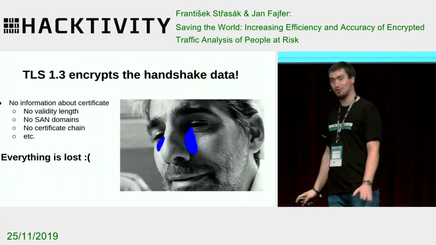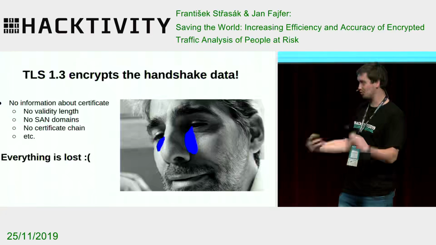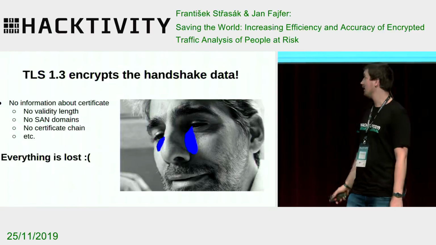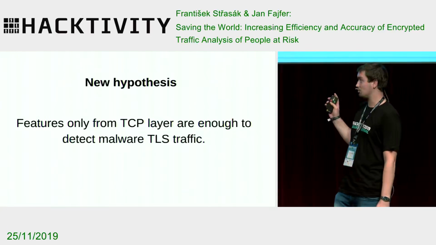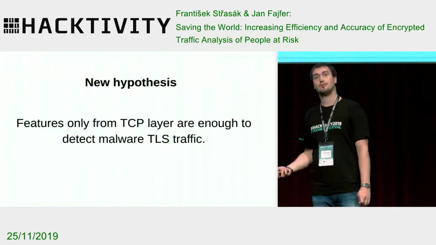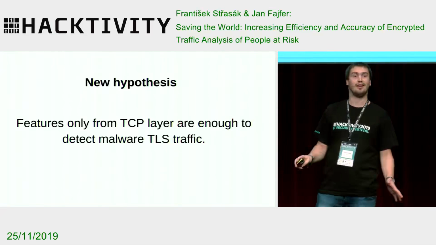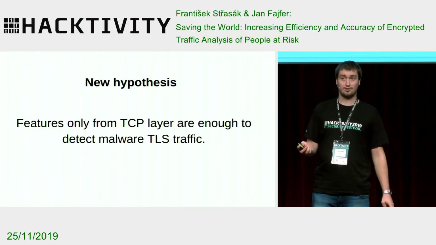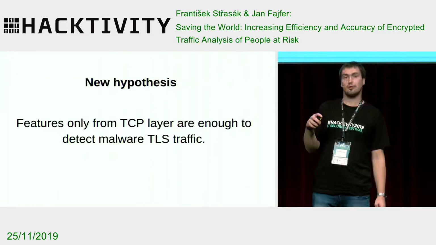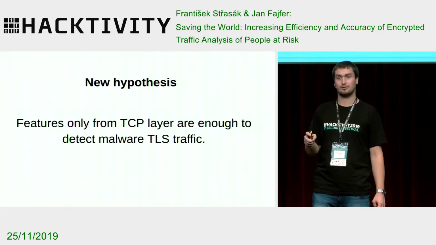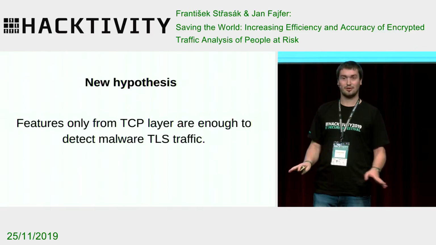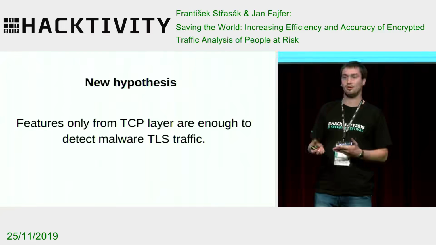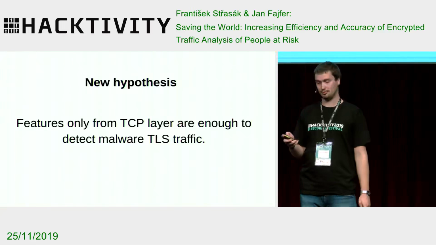So we didn't know what to do, how to continue to improve the speed of the analysis of people at risk. So we had to create a new hypothesis. And the new hypothesis was, okay, let's try to detect or classify all SSL connections only from the TCP layer. So no certificate. Let's try to focus only on bytes, packets, periodicity, and so on, and try to detect malicious SSL connections.